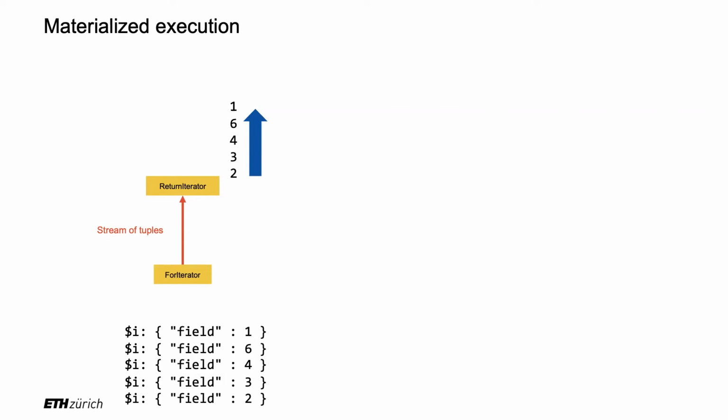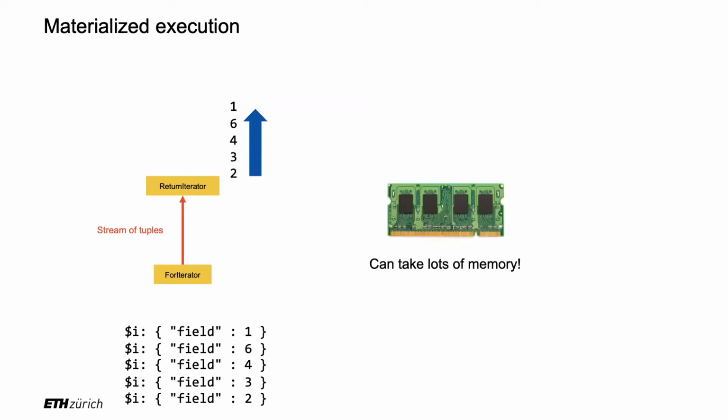That's called materialization. The problem of materialization is that it takes tons of memory because you have to have the entire output of the previous expression, a full copy of that in memory. So that's not good. In many cases, it's something that you can actually avoid and that you should avoid.